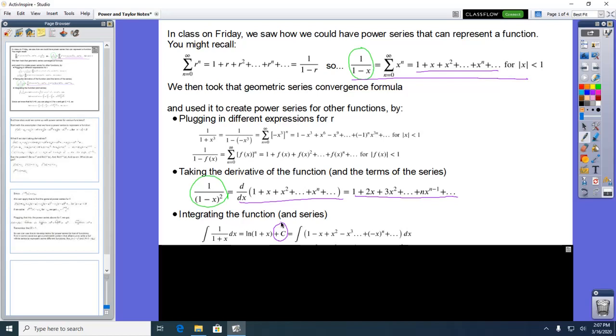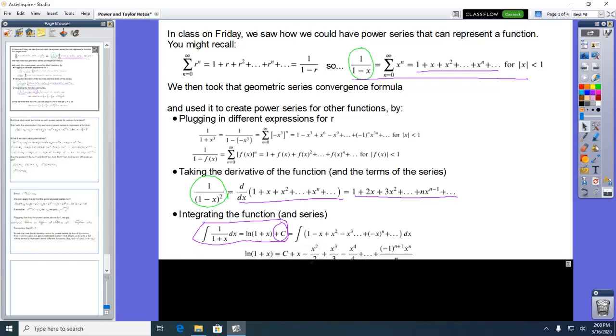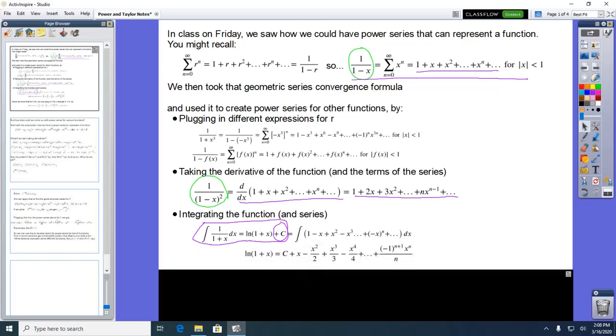So here's the deal. If we wanted to integrate 1 over 1 plus x, obviously we get the natural log of 1 plus x plus c. And so if we want the series for natural log of 1 plus x, we can just move that c over to the other side and take the antiderivative, and this is what you get. And it continues.